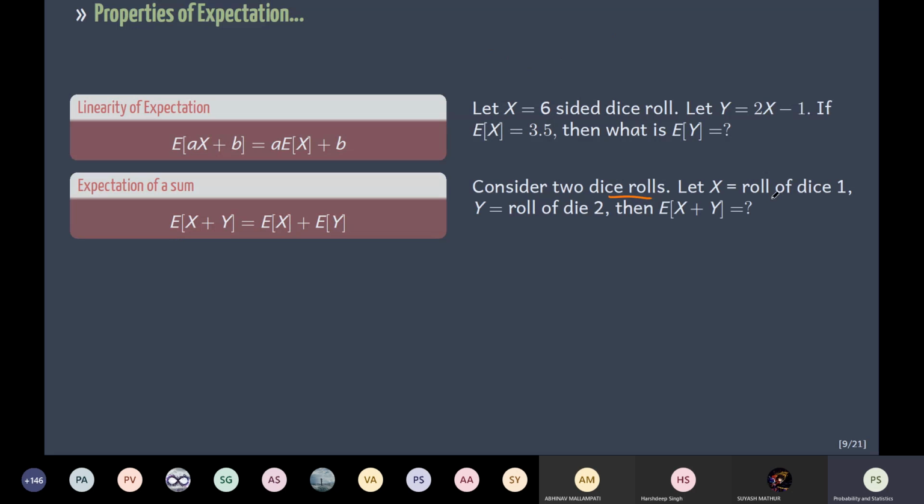Consider two dice rolls. X is the roll of the first die, and Y is the roll of the second die.